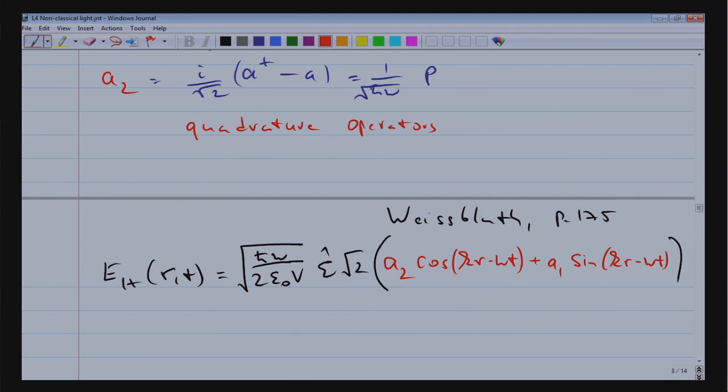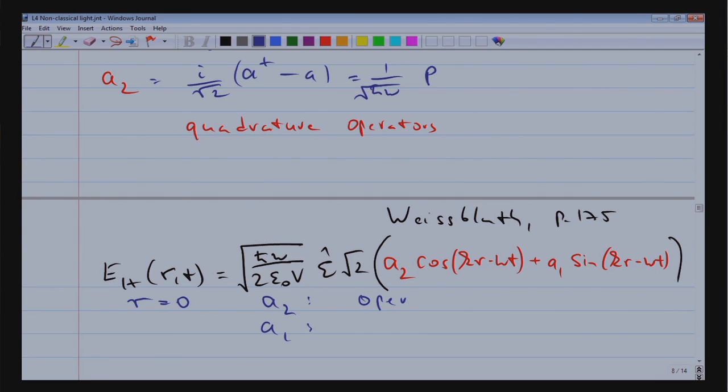Just to be specific, we are not in a cavity here, therefore we have propagating waves, cosine kr, sine kr, but you can also immediately use similar expressions for the case of a cavity. Let us specify at r equals 0, and then we realize what the two quadrature operators are.